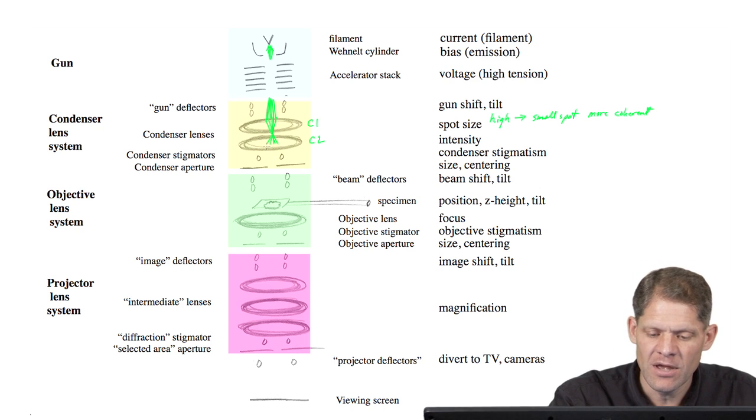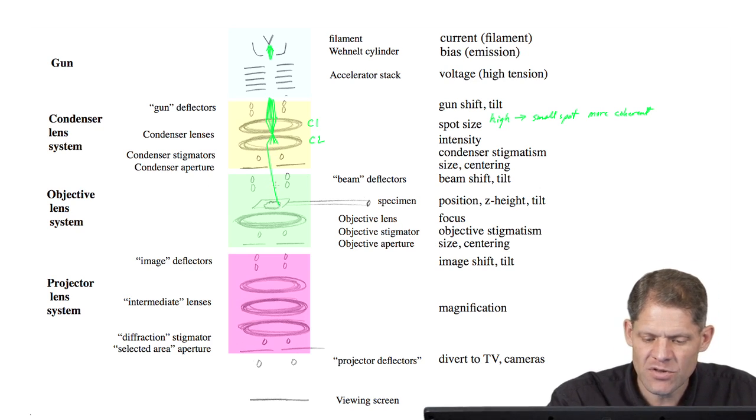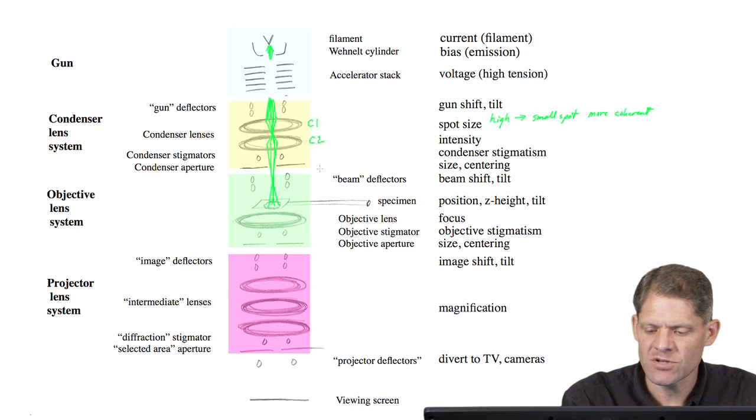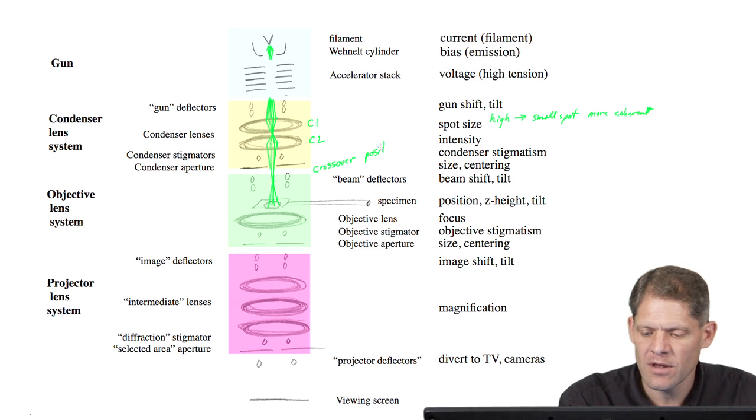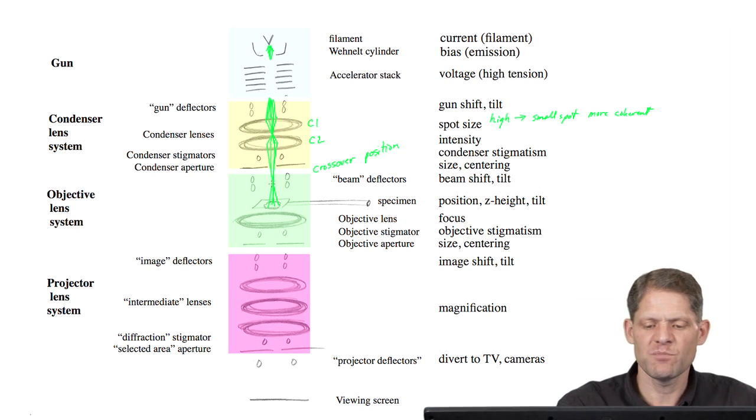More typically, what's done is to set the current in the C2 lens so that there is what's called a crossover point above the sample. So this focal point is called a crossover position. And that's placed above the sample.